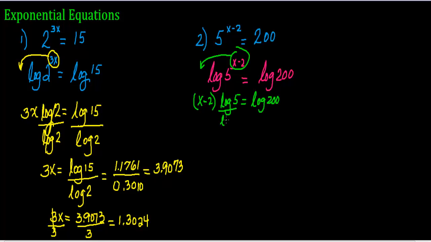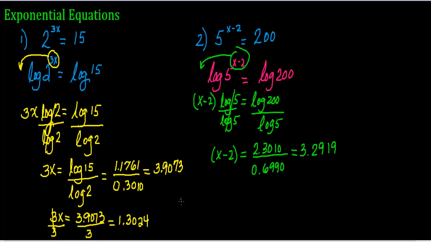Divide by log of 5 both sides so that you isolate the term with the x, and you'll end up with x minus 2 is equal to log of 200 over log of 5. So when you divide log of 200 over log of 5, this is what you get.